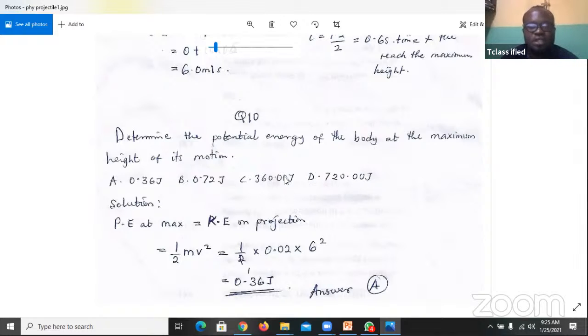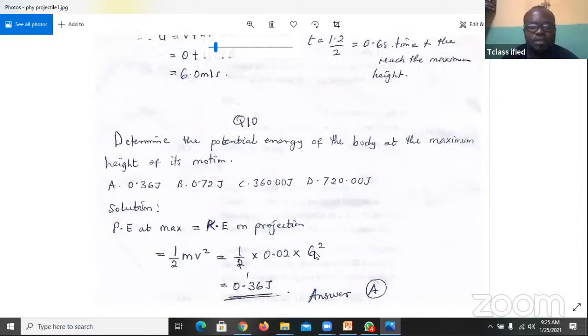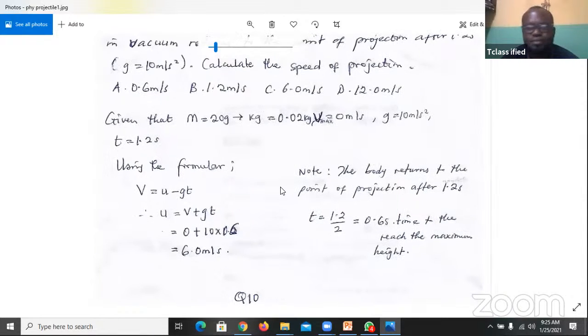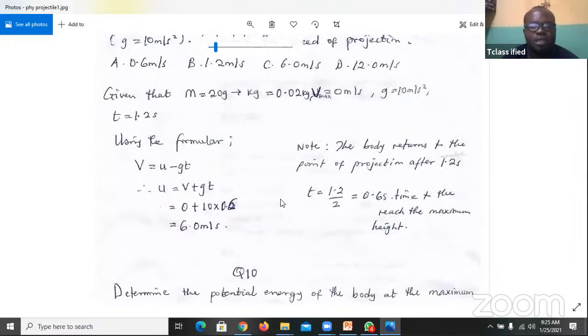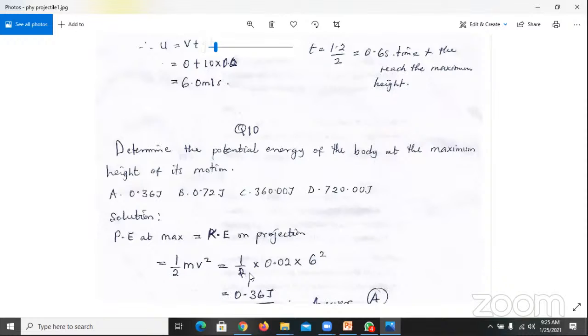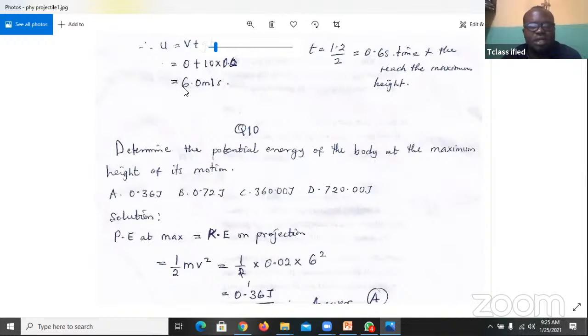So mass here is 0.02. So half times 0.02 times v squared. V, we calculated our v here to be 6. So 6 squared is 36.